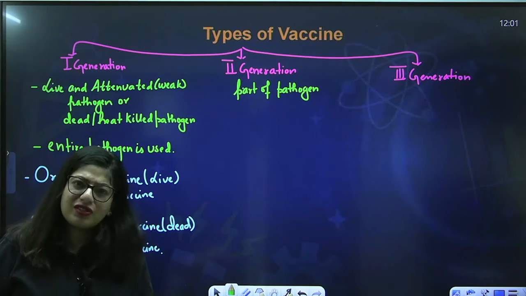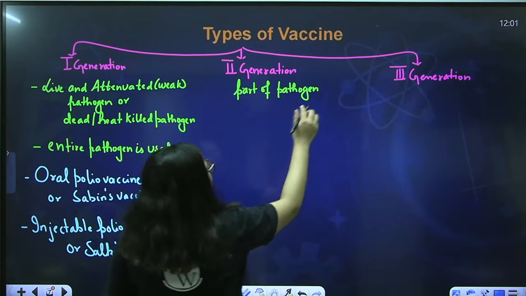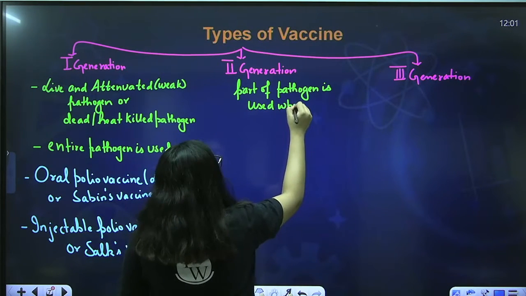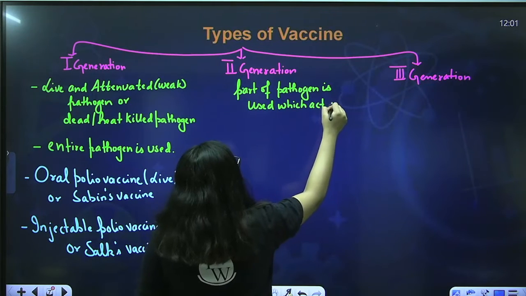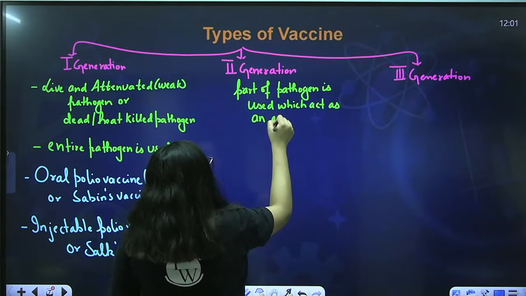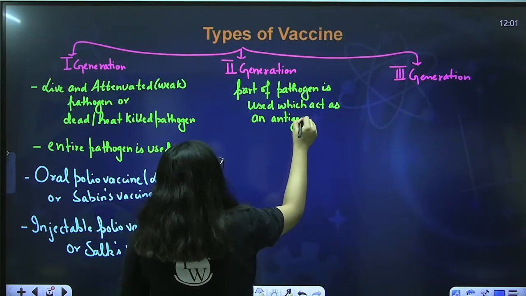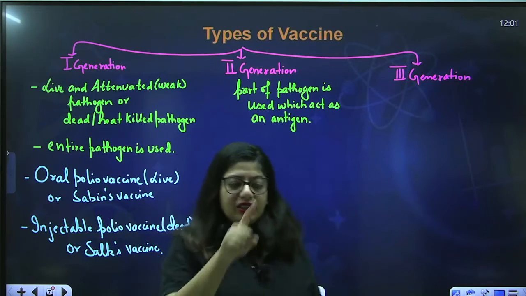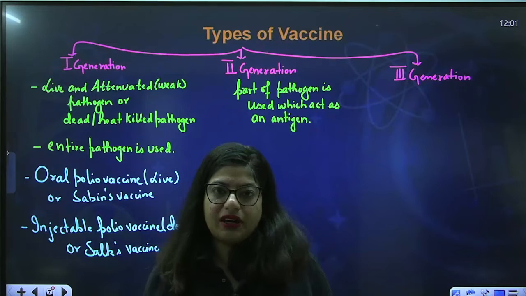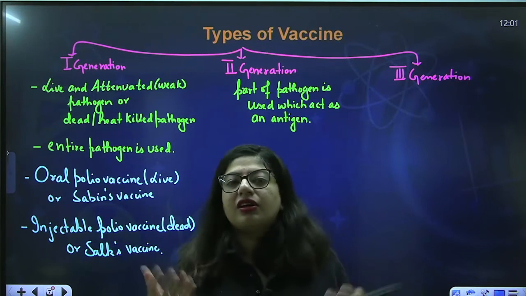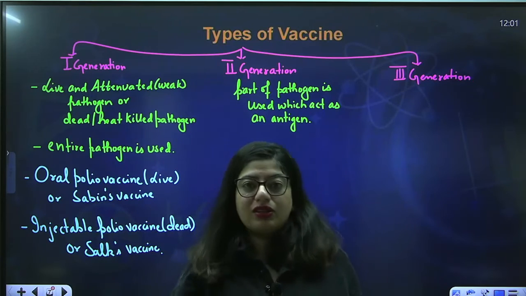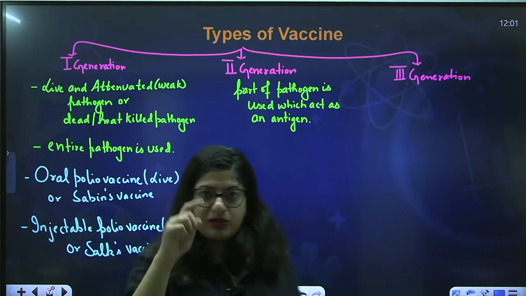Let's take that surface only. The only condition is that you use the part which is the antigen. Imagine the entire plasma membrane is the antigen, but you are taking the nucleus. Then it will not be a successful vaccine, because the antigen is the outer surface, that is the plasma membrane.